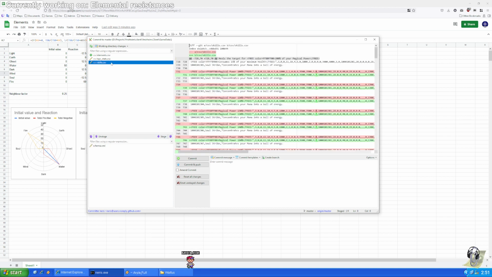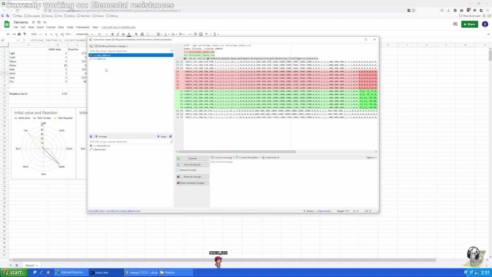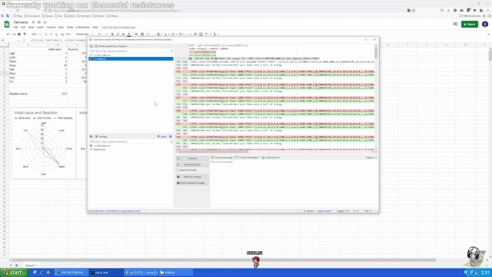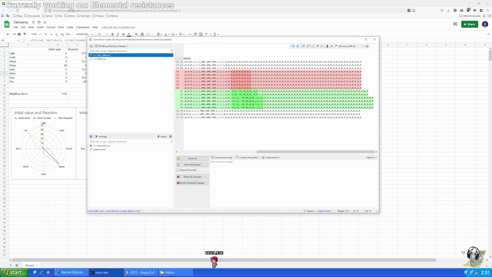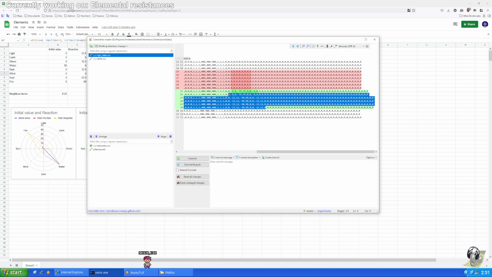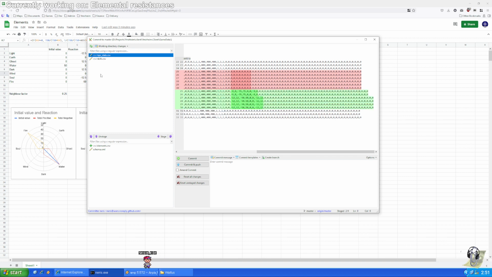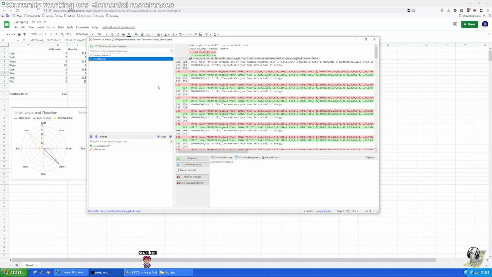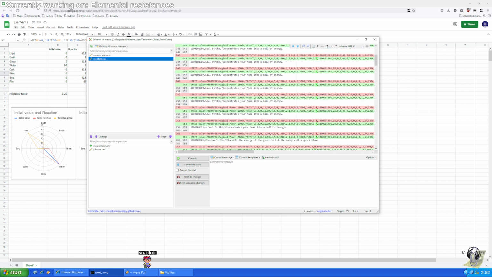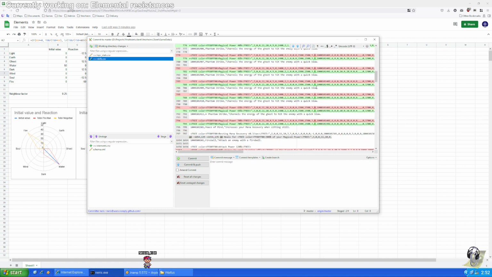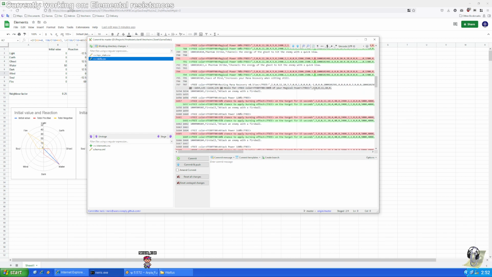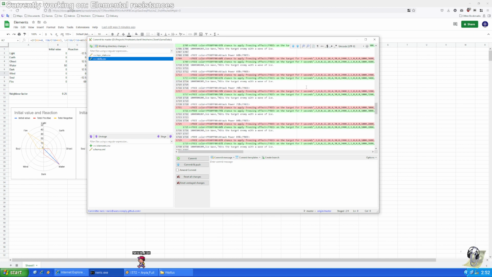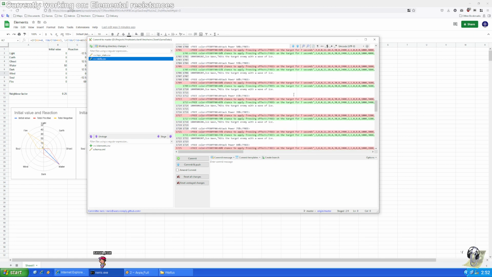Yes. So elements. Yeah, these are the stats for our veterans. These are the skill attributes.